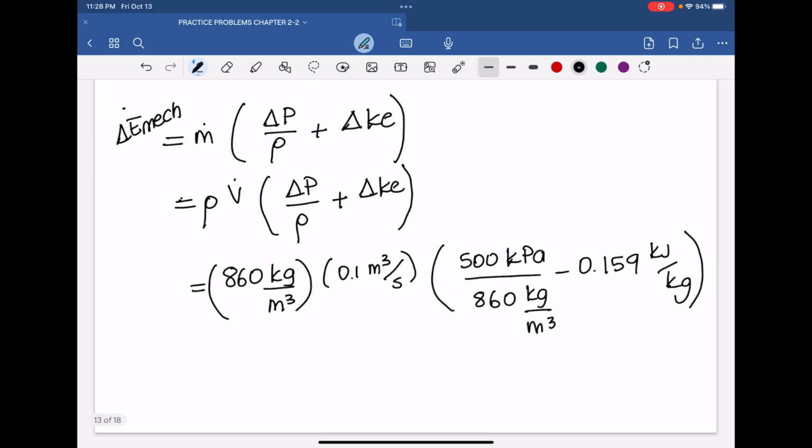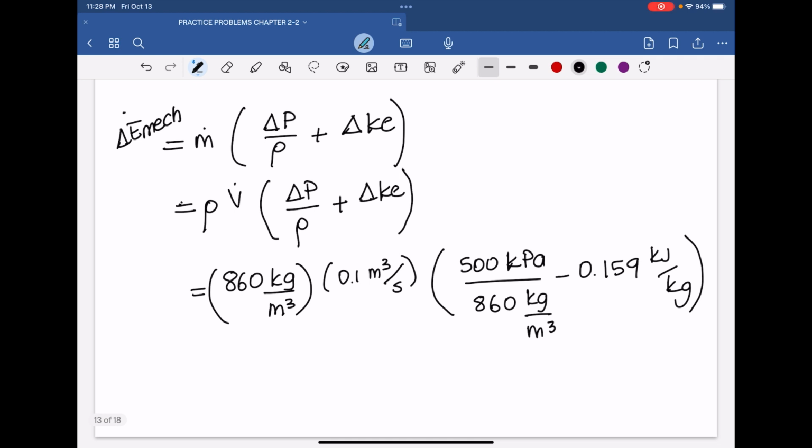Okay. So let's take a look at the units. So this is actually kilojoule per kilogram too, because kilopascal times meter cube is kilojoule, and then kilojoule over kilogram.